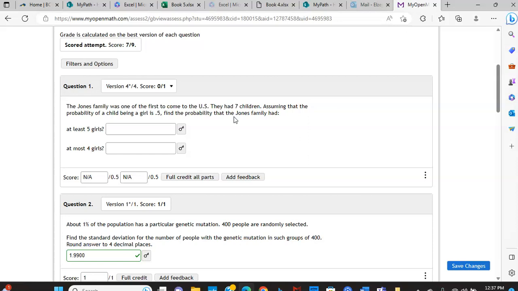All right, now, the nice thing about the second part of this is it's really asking for the first calculation that we did because we want to know the probability of having at most 4 girls. That is having no girls, having 1 girl, having 2 girls, having 3 girls, or having 4 girls. That's what at most means, that the maximum amount of girls we had could be 4, but we can have less.